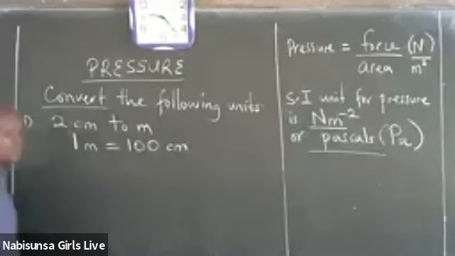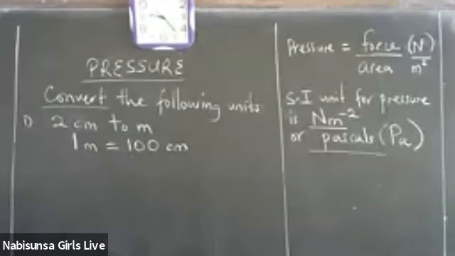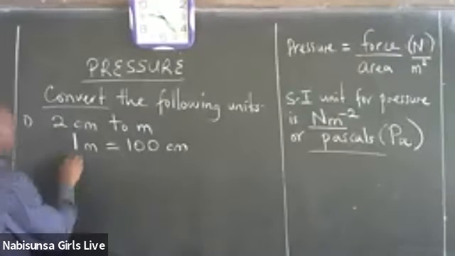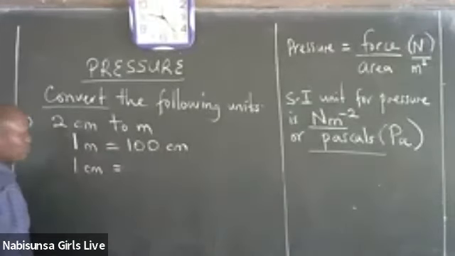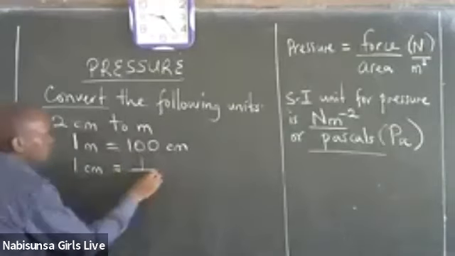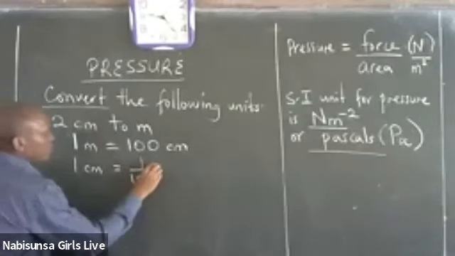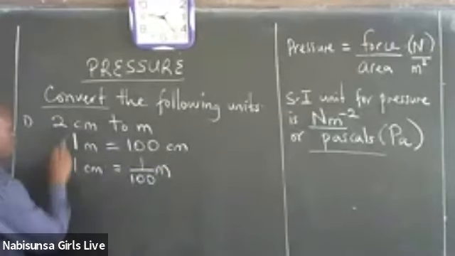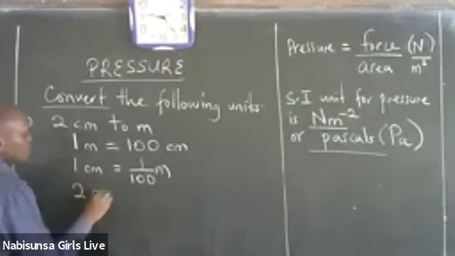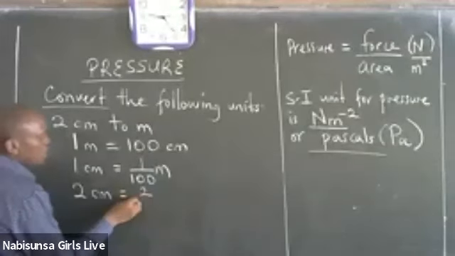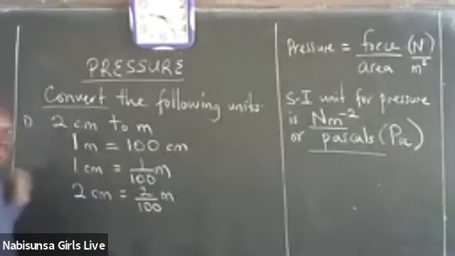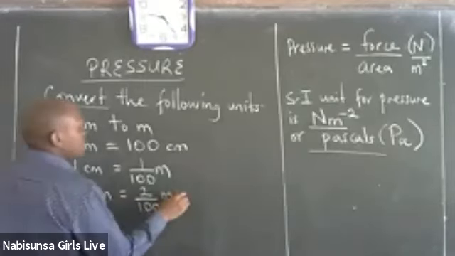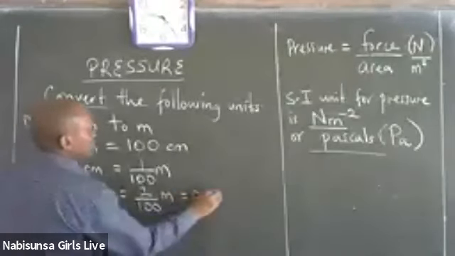So 1 centimeter is equal to 1 out of 100 meters. Then 2 centimeters will be 2 out of 100 meters.